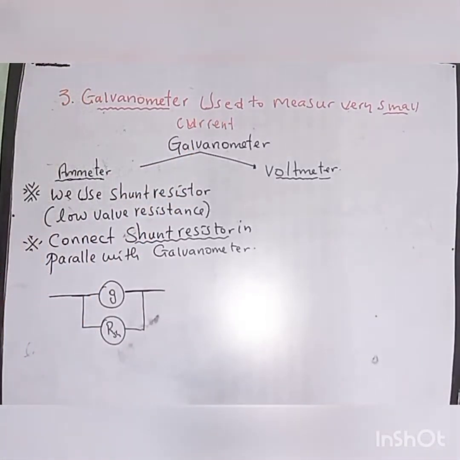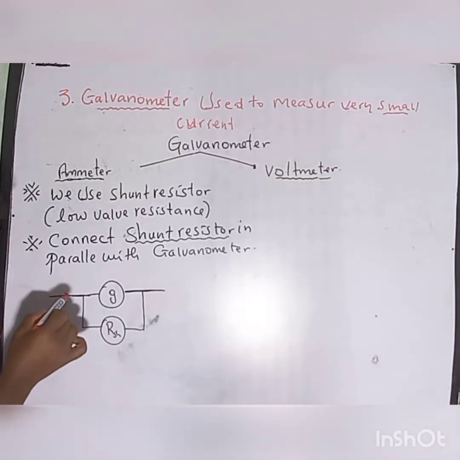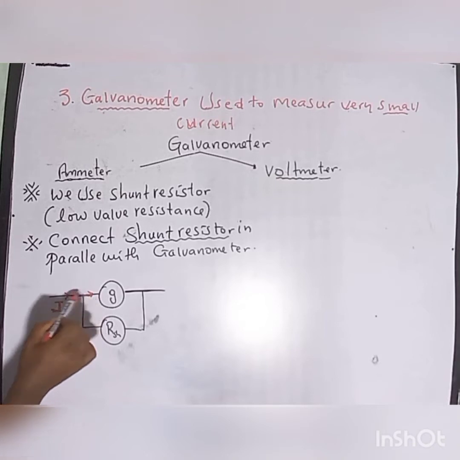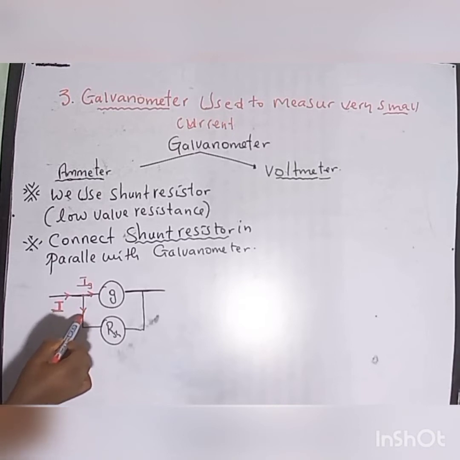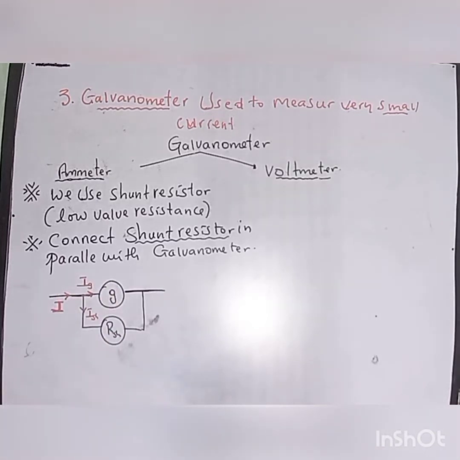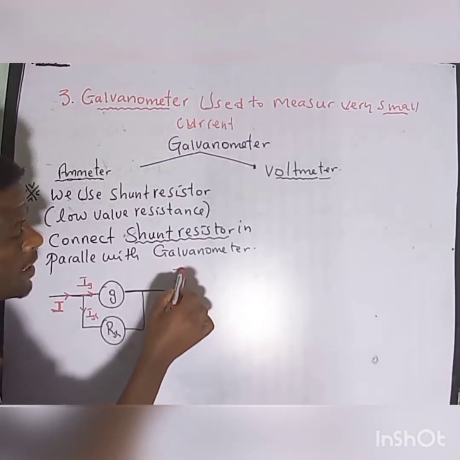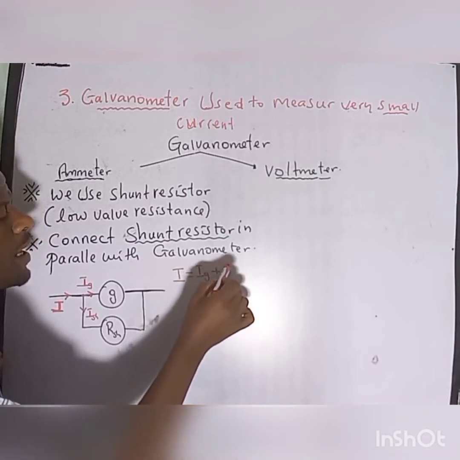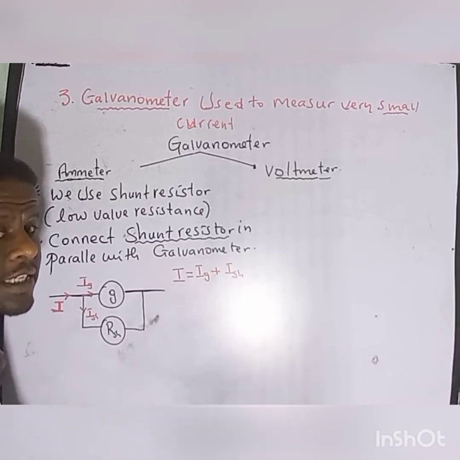And the current from the source, when it reaches this junction point, the current passing through the galvanometer is Ig, and the current going through the shunt resistor is I shunt. Since the galvanometer and the shunt resistor are in parallel, the total current is the sum of the current through the galvanometer and the current through the shunt resistor.